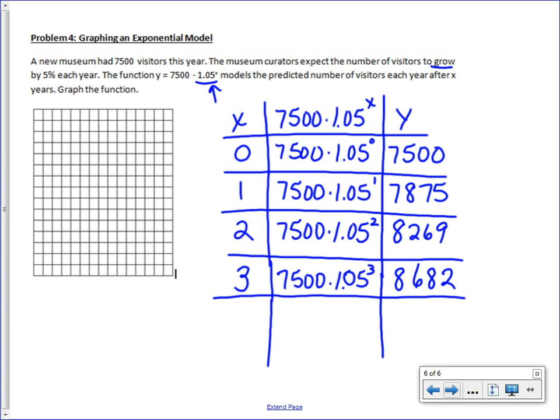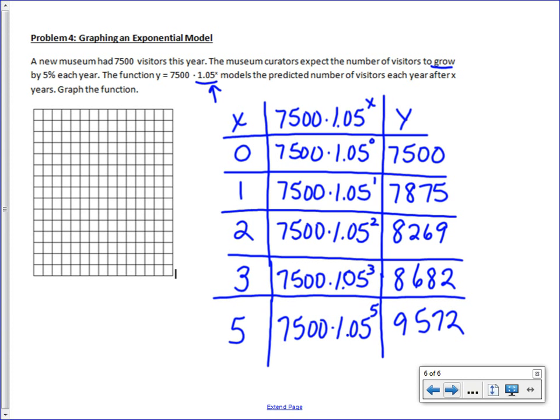And why don't we skip year 4? Let's go to year 5 and see what happens. So 7,500 times 1.05 to the 5th power. And we get 9,572. All right, so let's graph this information in our table.